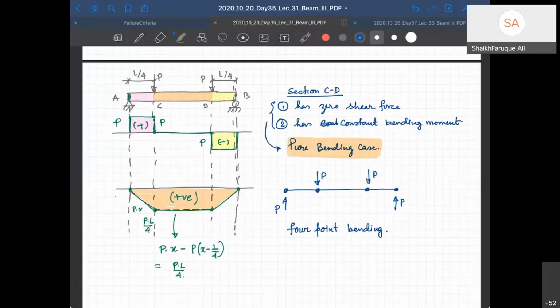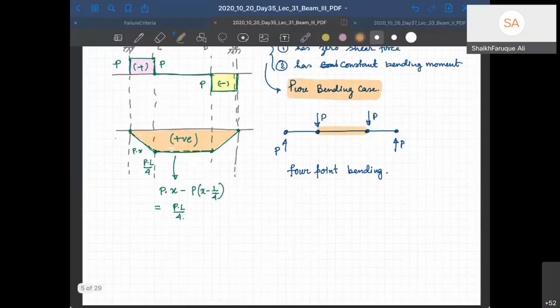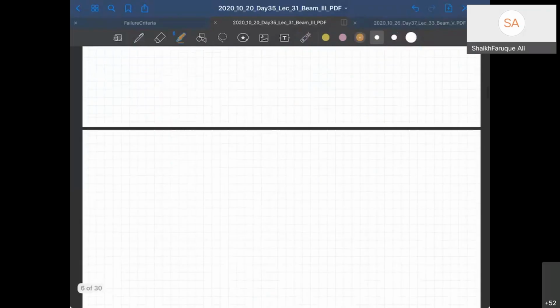So we'll write: this portion is the pure bending portion, and that's important for our analysis. Okay, there are a few more examples of pure bending cases which you can probably go through yourself. One of them is this beam A to B with a moment here.